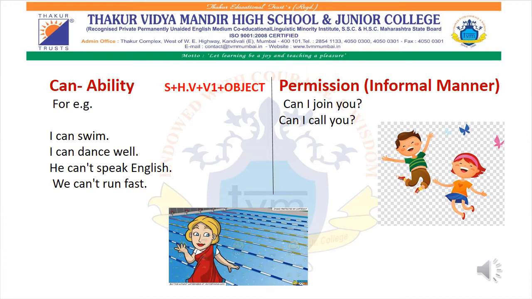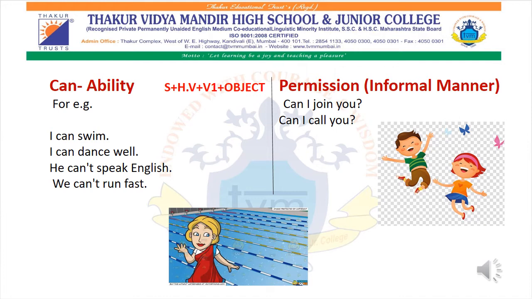In this particular sentence we see it is telling about a particular person's ability, that he can't speak English. We can't run fast. So we see in these examples that the word can is telling about a particular person's ability, and therefore the word can is used to tell about a particular person's ability.